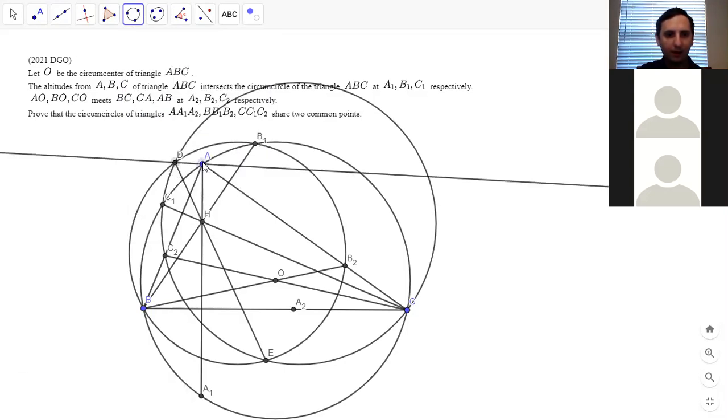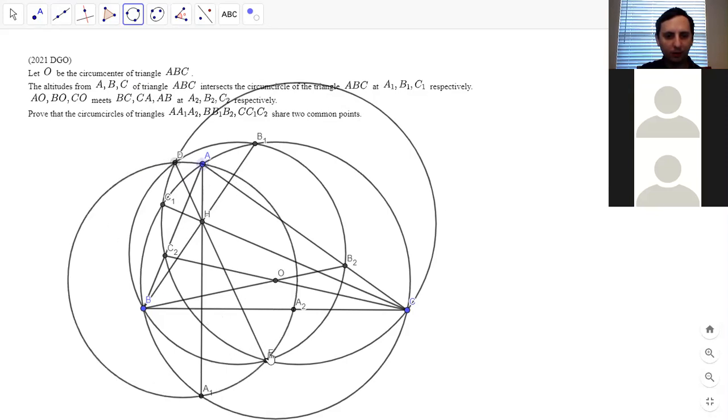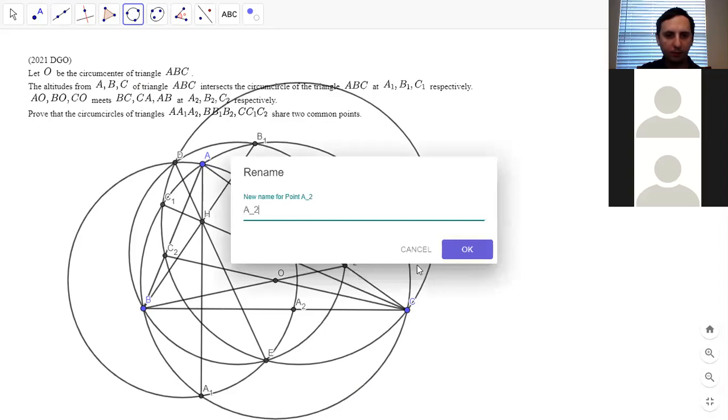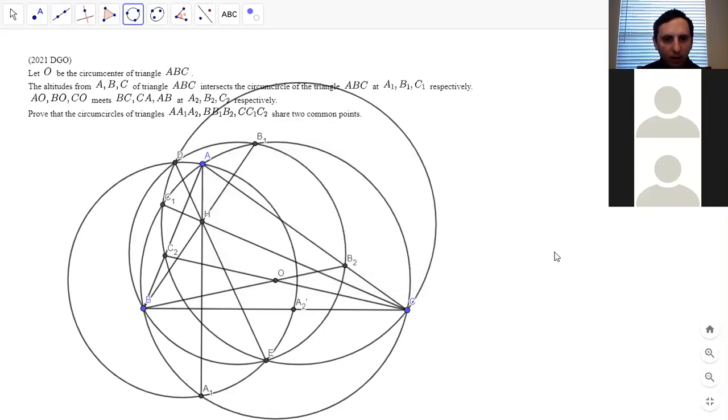Oh, but we don't know it passes through O. But it doesn't pass through O. So we could call this A2 prime. And then we want to show that A, O, and A2 prime are collinear.